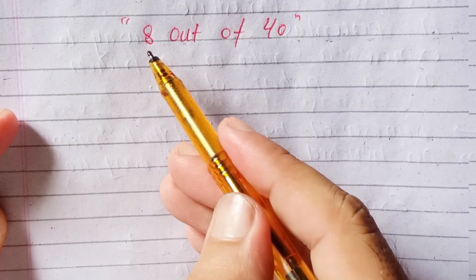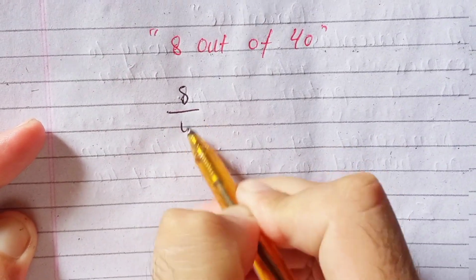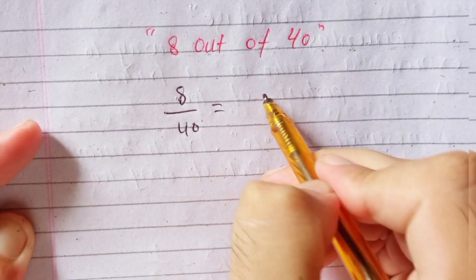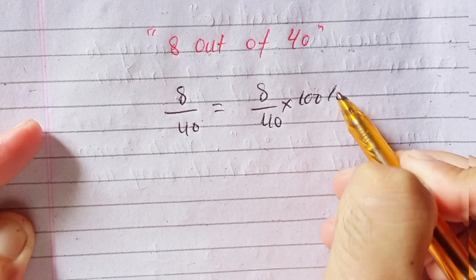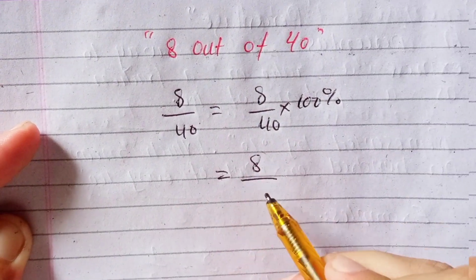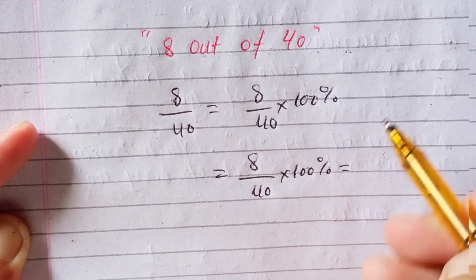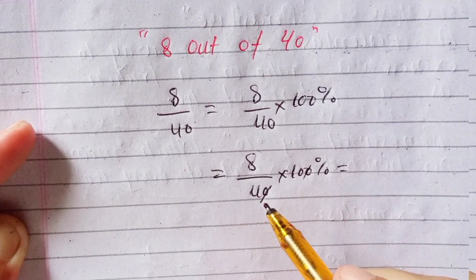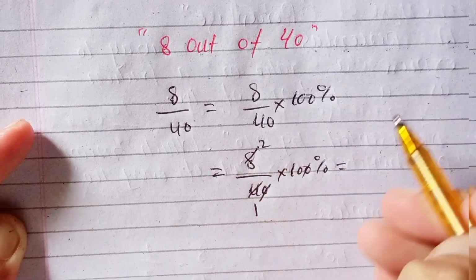What is the percentage of 8 out of 40? So 8 out of 40 is equal to 8 out of 40 multiplied by 100%. So 8 over 40 multiplied by 100% is equal to, we have to cancel this 0 with this 0, and 4 times 1 is 4 and 4 times 2 is 8, right?